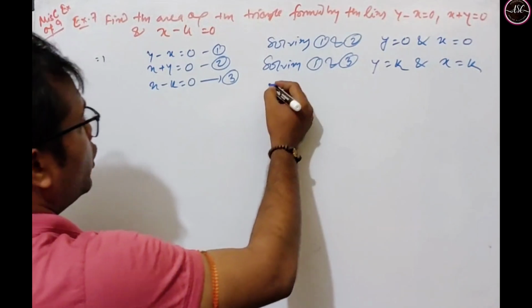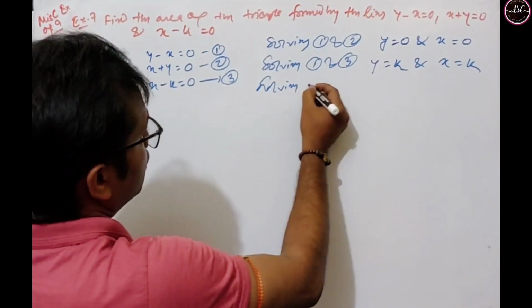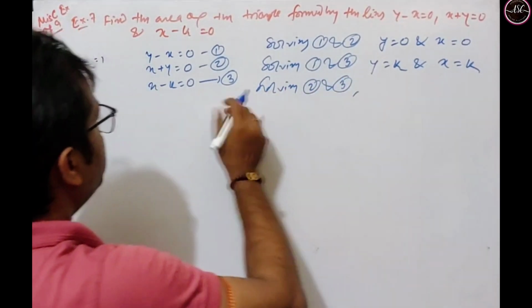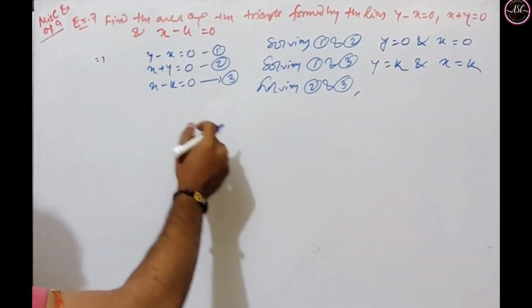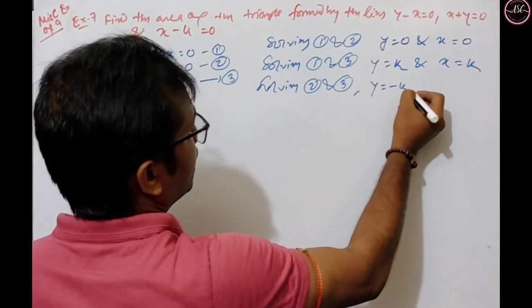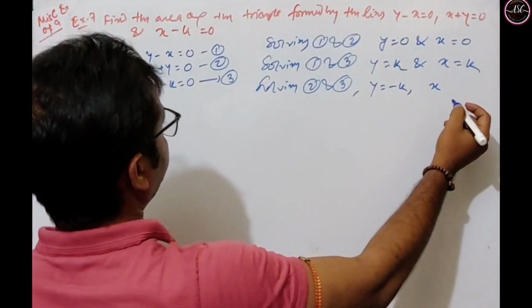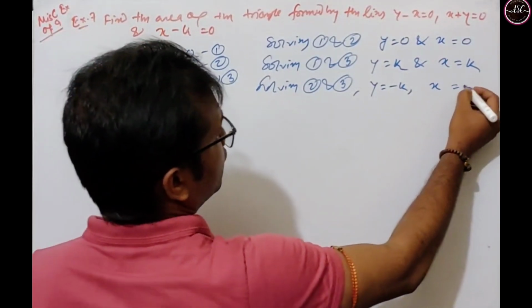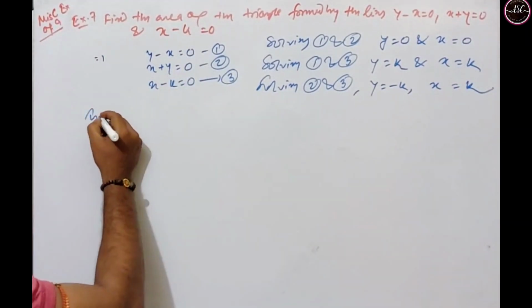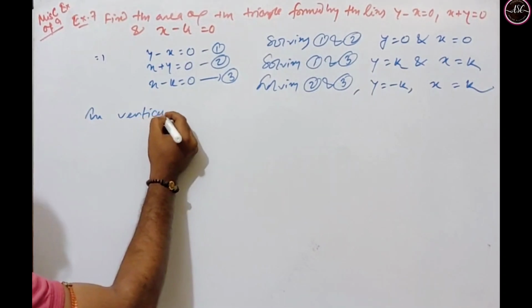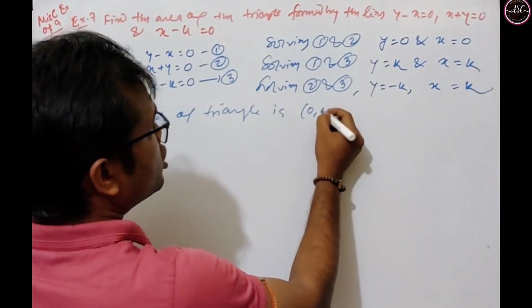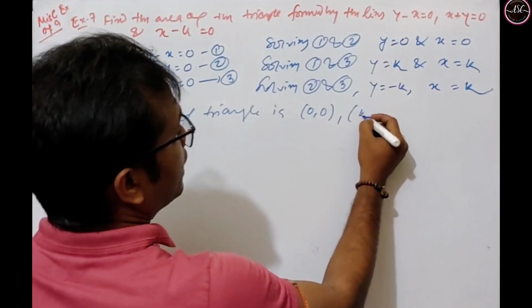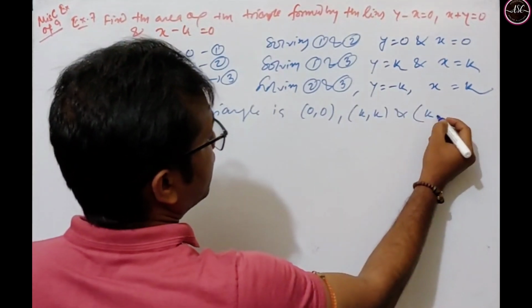And solving 2 and 3, subtracting, we have y equal to minus k and x equal to k. So the vertices of the triangle are 0, 0; k, k; and k, minus k.